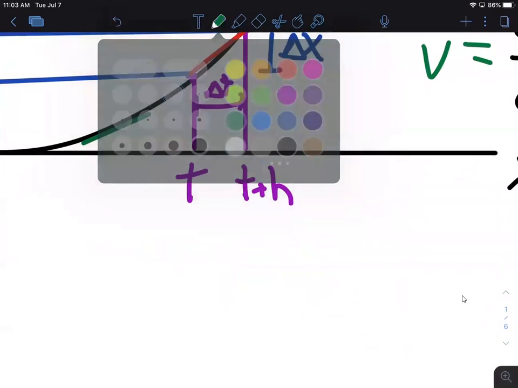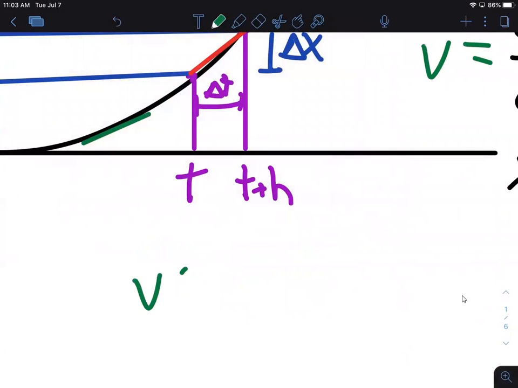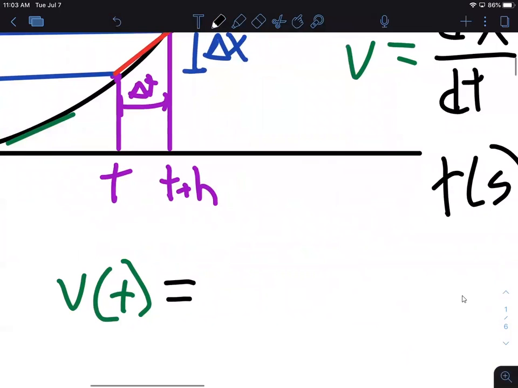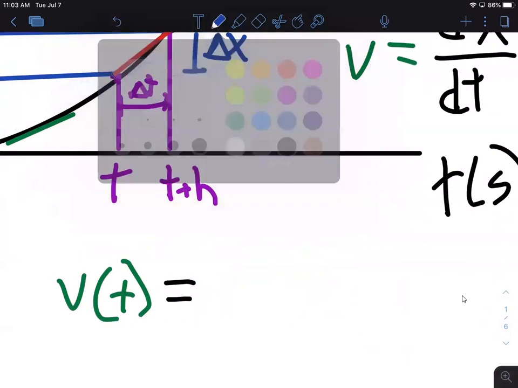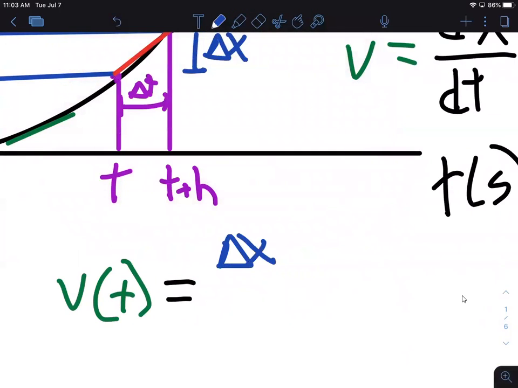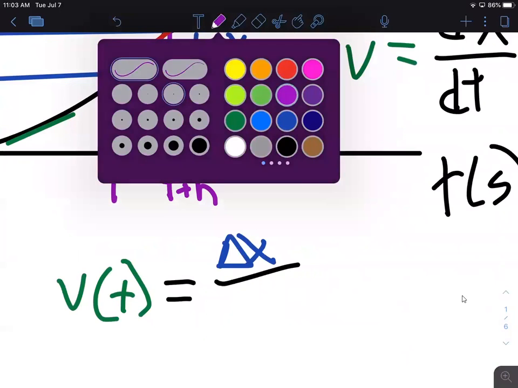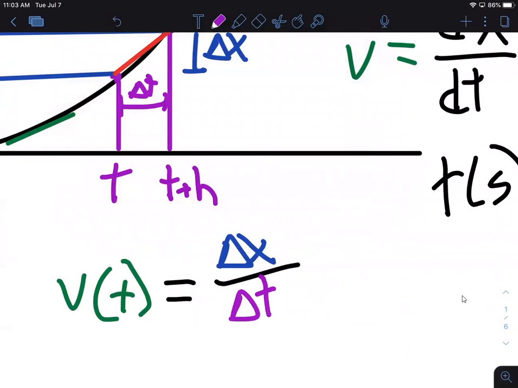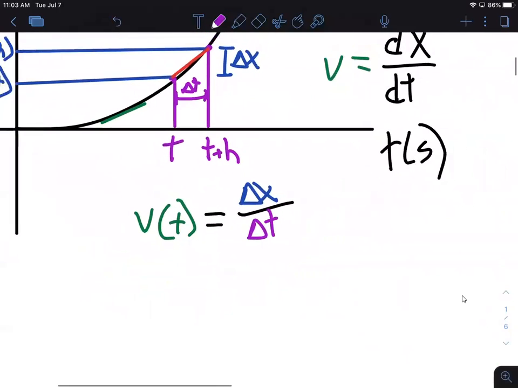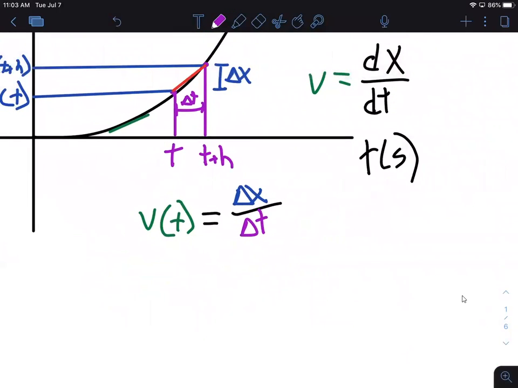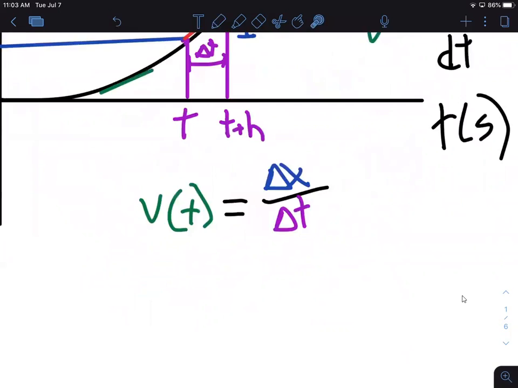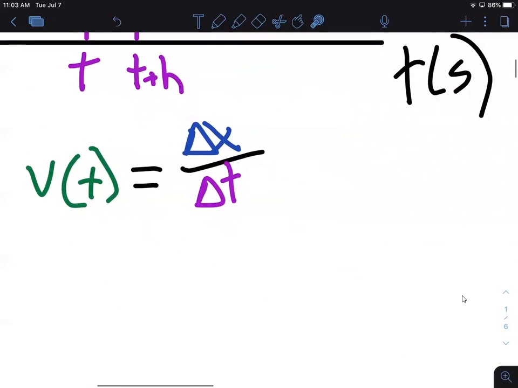My velocity is going to be equal to my delta x over my delta t. All right, now let's substitute in. We know delta means final minus initial. So let's do that.